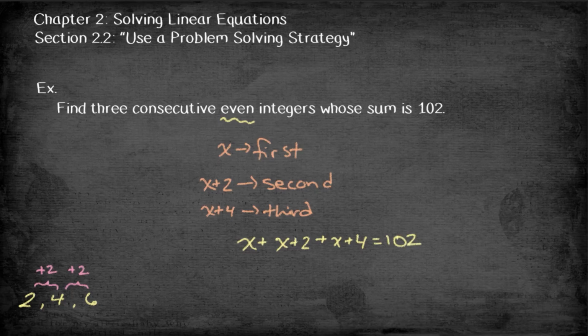After collecting like terms on the left-hand side, we would get 3x plus 6 equals 102. We want to subtract 6 from both sides. So we'd have 3x equals 96.